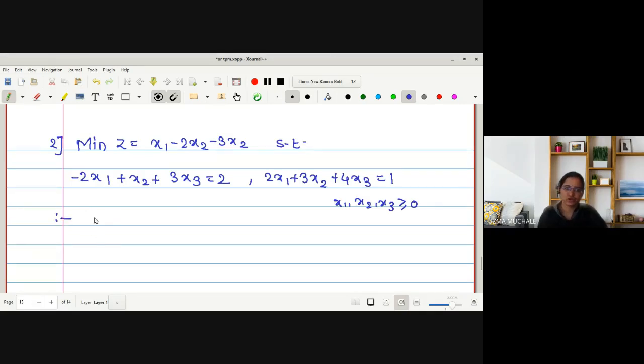First we will change the objective function, okay? Therefore convert objective function to maximum.